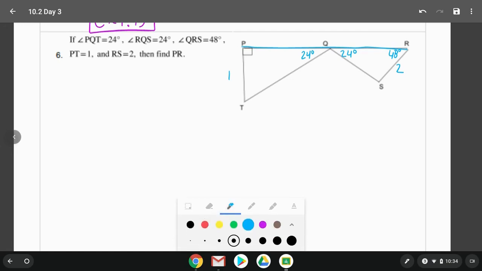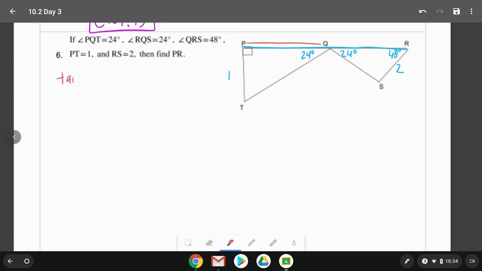Now, in order to find PR, we need to do two different things. I'm first going to find PQ. The way that I'm going to do that is I'm going to recognize that the triangle PQT is a right triangle. So we can set up tan 24 degrees should be 1 over my side length PQ.